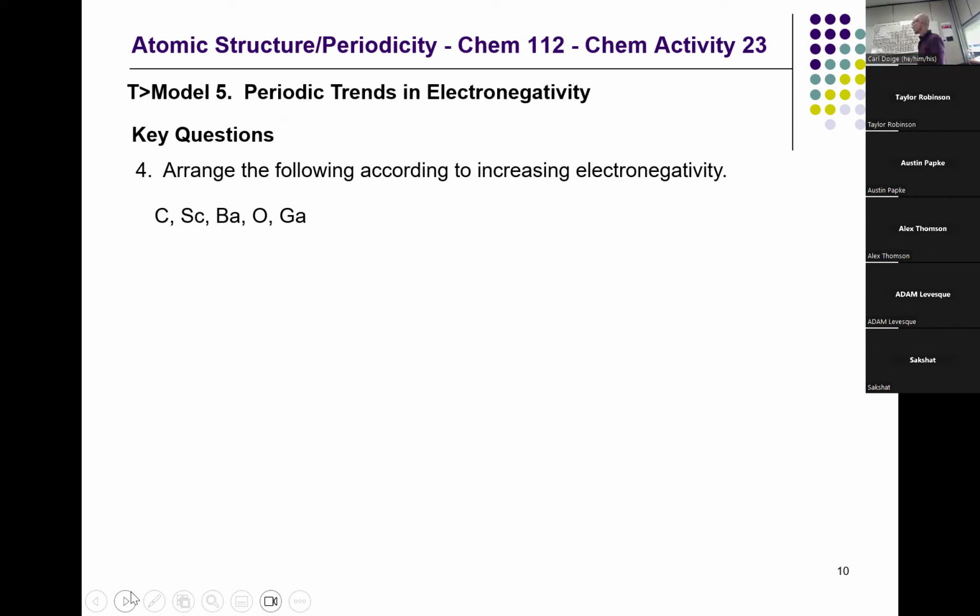Again, I would use the same sort of strategy, increasing electronegativity. So maybe I would look for those with the smallest electronegativity all the way to those that have the largest. And these are the same elements that we looked at just a minute ago.